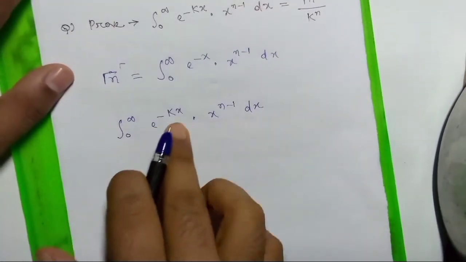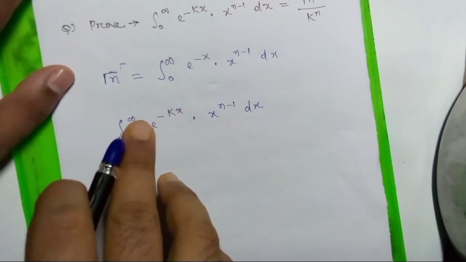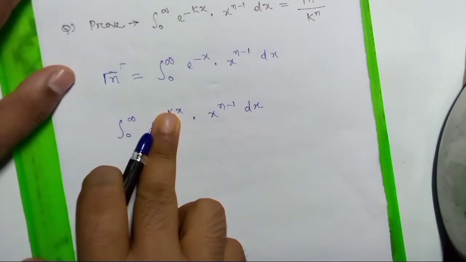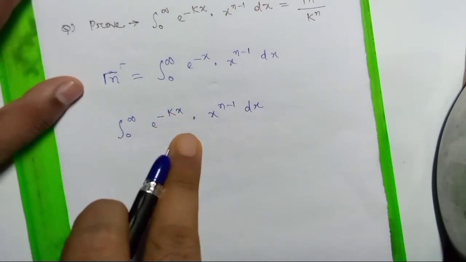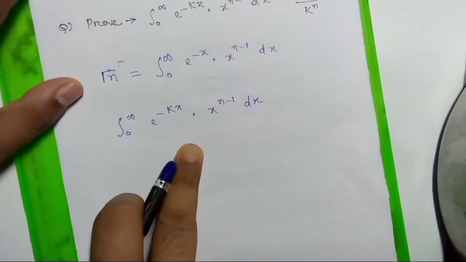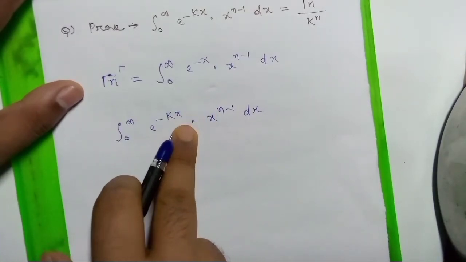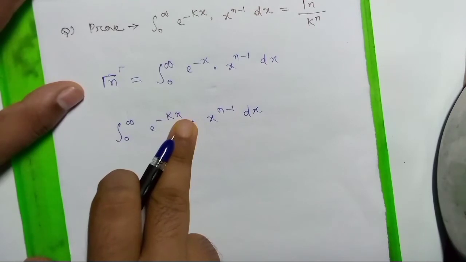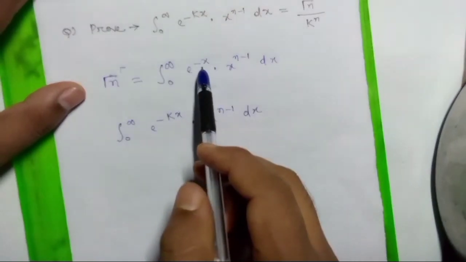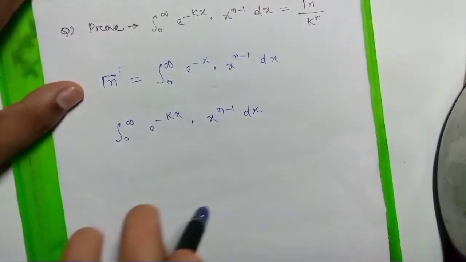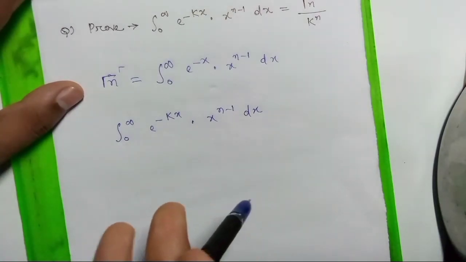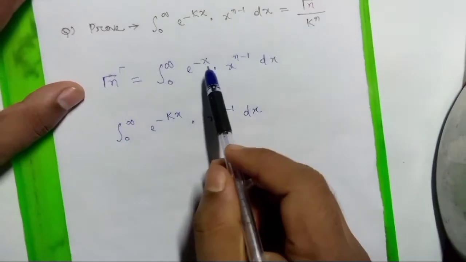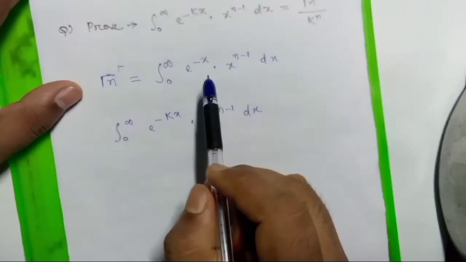Here we put kx is equals to z, because our mission is to find a single term of exponential term.